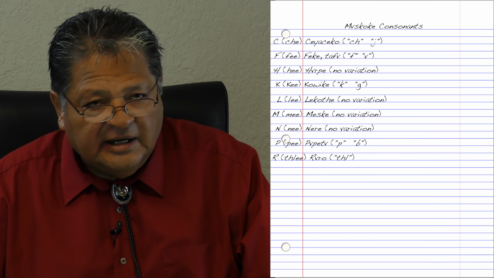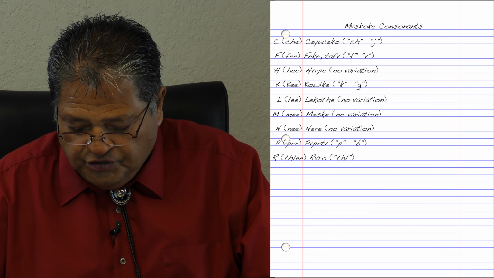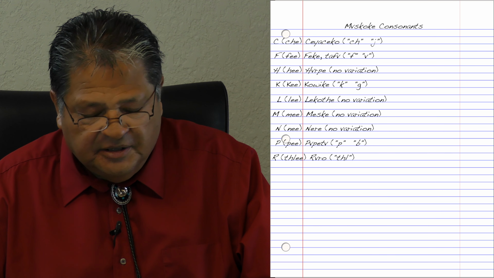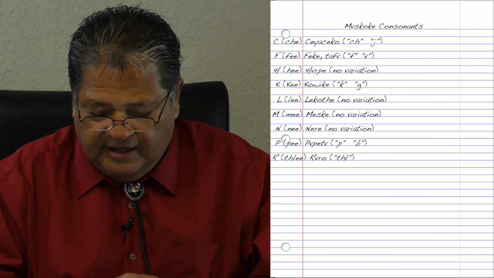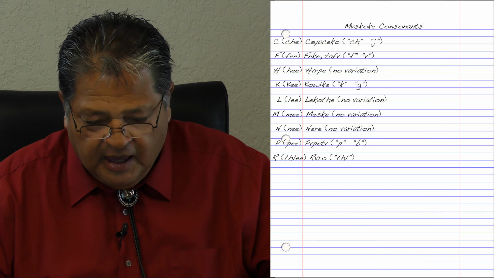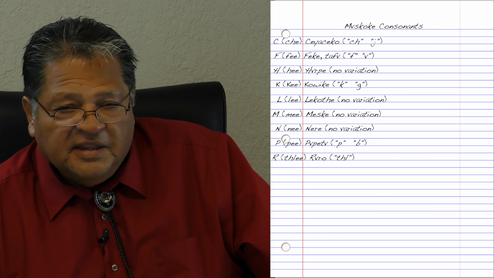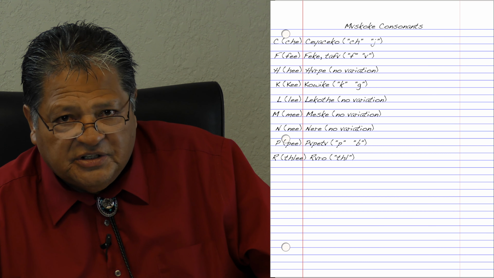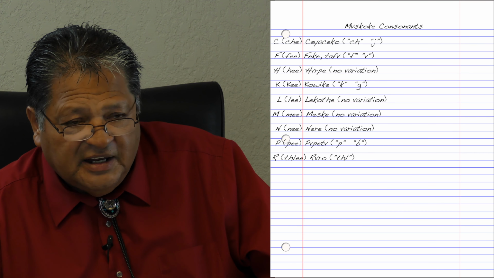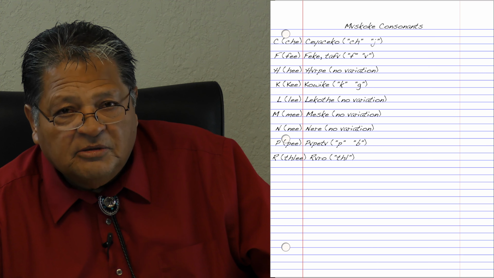The letter C actually, that's a very unique letter, and I want to stop here just for a moment and talk about that consonant. The sound of that consonant is not anywhere in the Muskogee language.